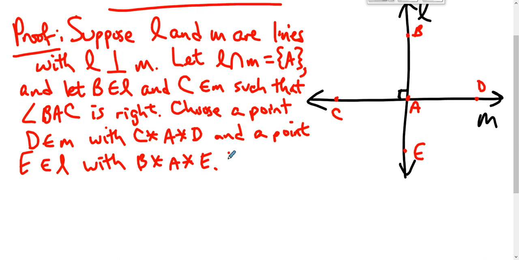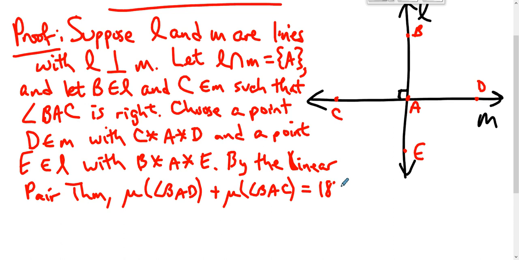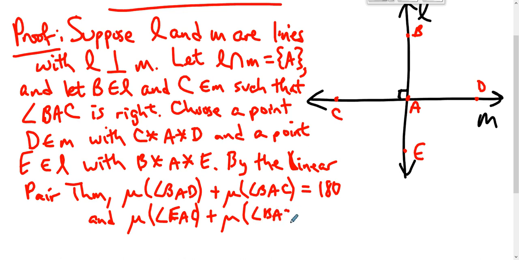So by the linear pair theorem, the measure of angle BAD plus the measure of angle BAC equals 180, and the measure of angle EAC, which, as we all know from Nemo, is the East Australian Current, those sum to 180.